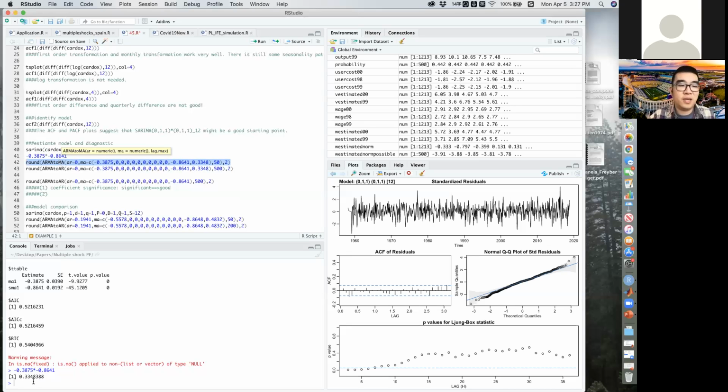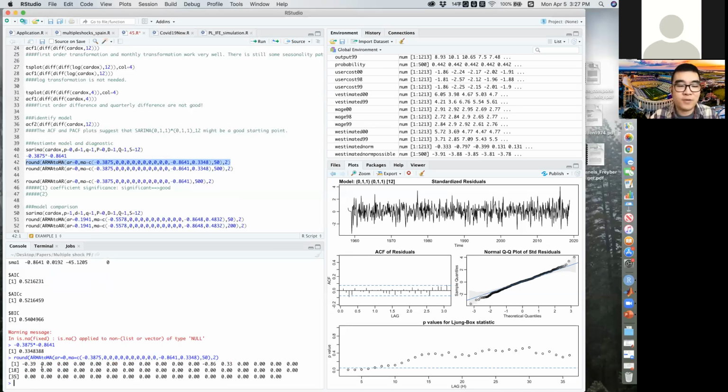Everything is MA, and we already know the coefficients: the first coefficient, negative 0.39, coefficient number 12, negative 0.86, coefficient number 13, 0.33, and all the other coefficients are equal to 0. So this suggests that this model can be written as an MA infinity model, and the coefficients would be summable.